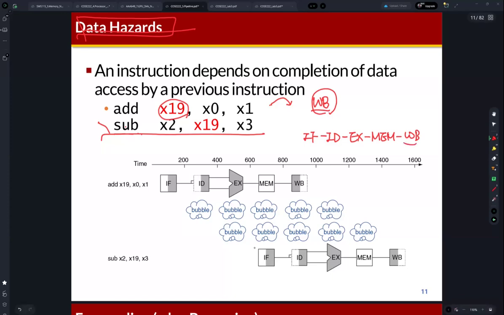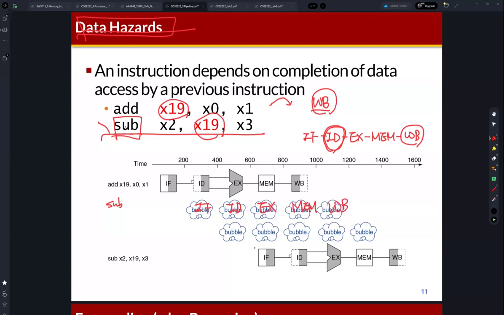But the sub instruction needs to read X19 data in the ID stage. So for the sub instruction, we have instruction fetch, ID, and then execution, memory, and write back.